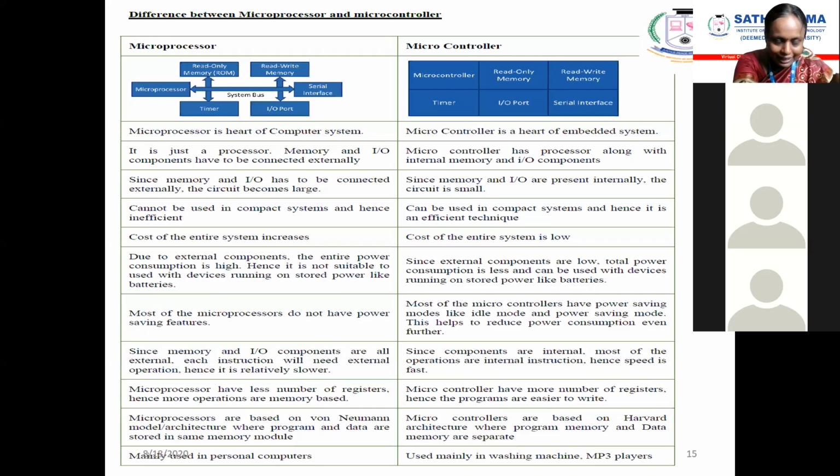If I want to connect any stepper motor or DC motor, timer operation will be there. For example, a normal wash will take 1 hour, 1.5 hours. Some washing will take nearly half an hour, delicate kinds of cloth washing. That timer, counter, everything is embedded in a microcontroller, so it will automatically control.